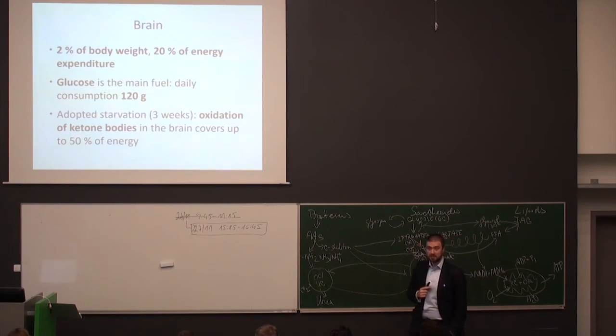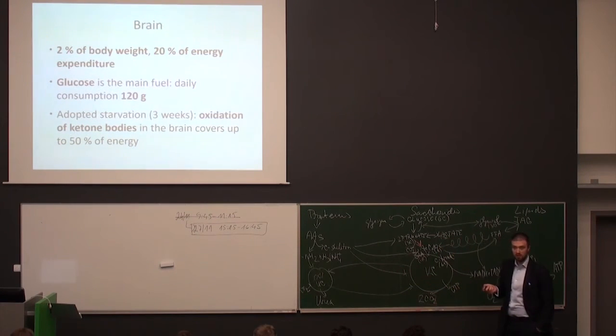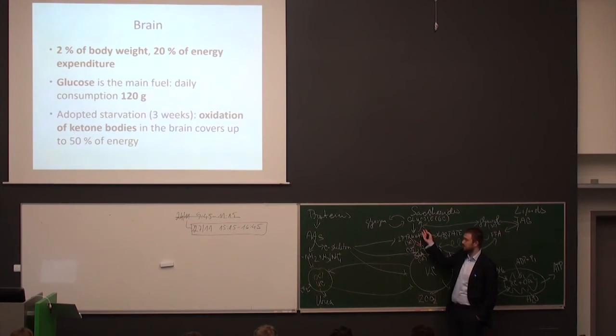Then it adapts, and the brain takes only 50% of this amount of glucose. That's 60 grams of glucose, and the rest is covered by ketone bodies. But what you can remember right now is that the brain consumes almost only glucose, and that means that the gluconeogenesis during the long-term starvation you run to feed your brain.